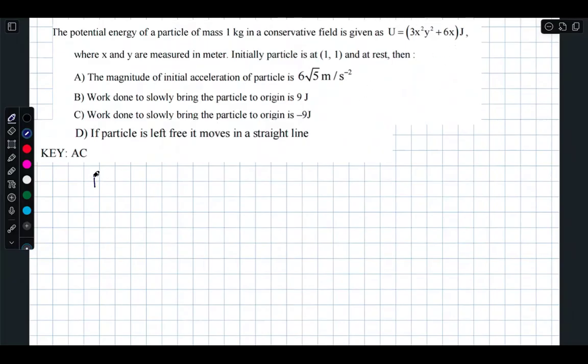So therefore, what is F? Minus dou U by dou X i cap, minus dou U by dou Y j cap.